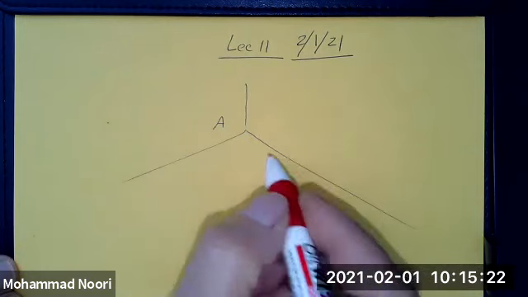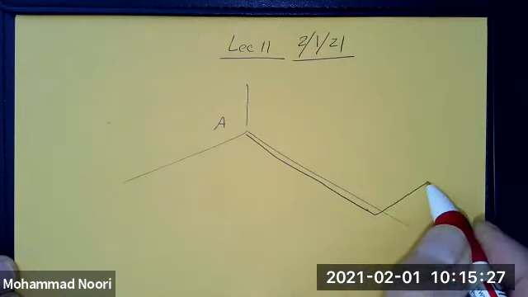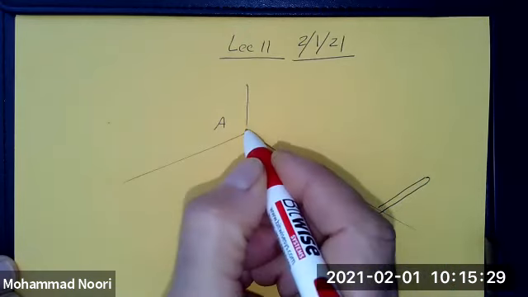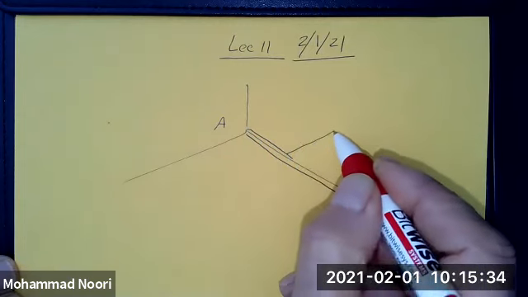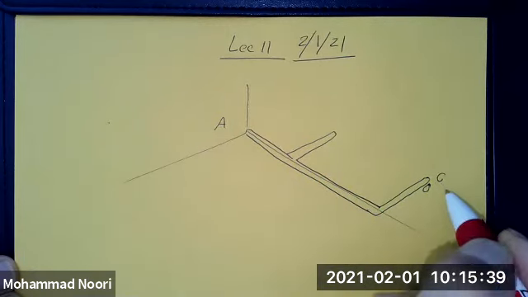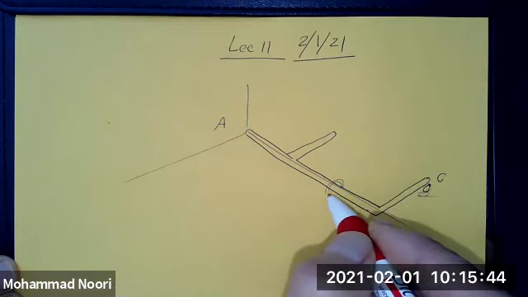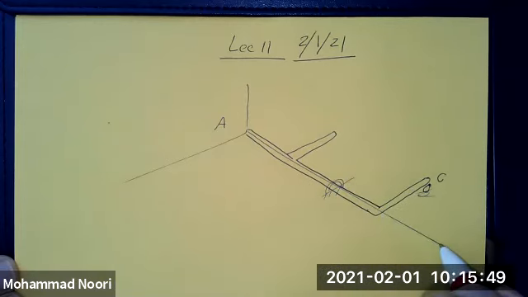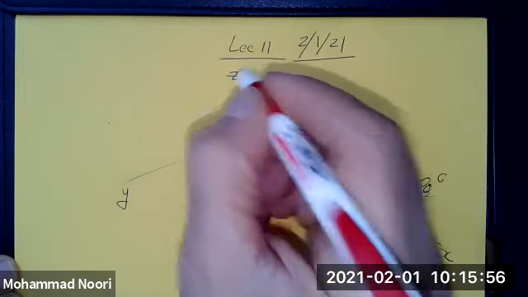This was a space frame or some sort of a structure which looked like this. C is sitting on a ball, and here there was a device that allows motion in all directions except X and Z. This was X, this is Y, this was Z axis.